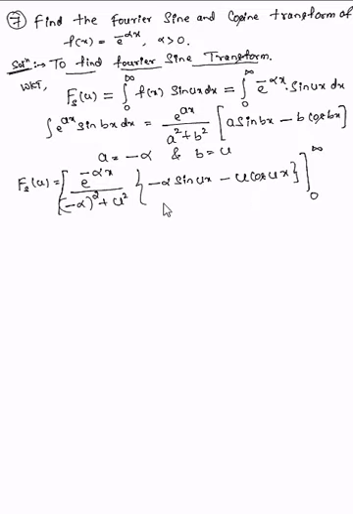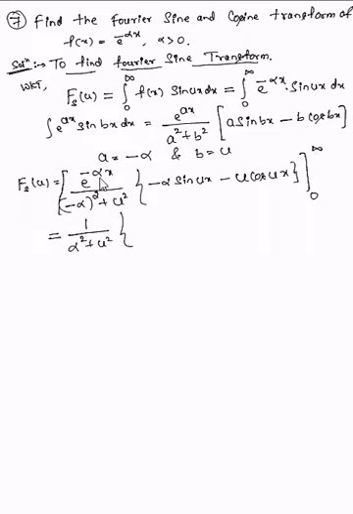So let us substitute the limit for this. See, first the upper limit. First we'll take this constant outside. This alpha square plus u square is constant. We'll keep it outside. It is 1 by alpha square plus u square. First we put x is equal to infinity, the upper limit.